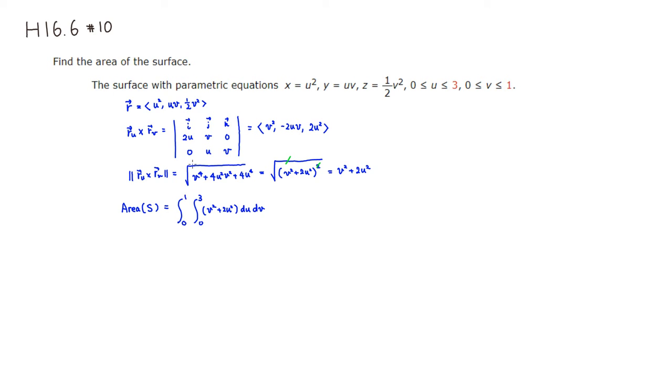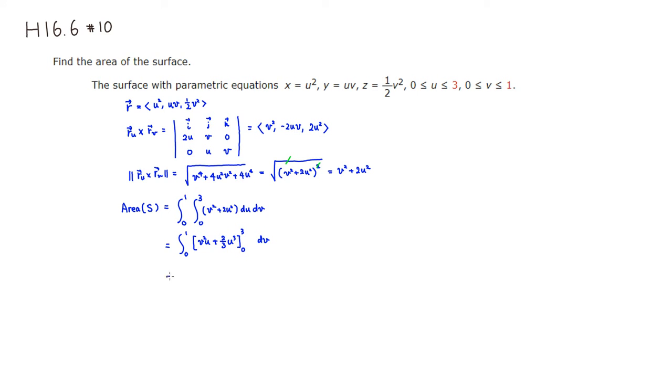Let's evaluate that. I'll leave the outside integral alone. The antiderivative with respect to u is v squared times u, and the antiderivative of 2u squared is 2/3 u cubed, going from 0 to 3.